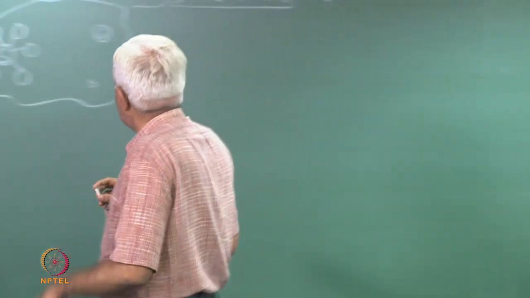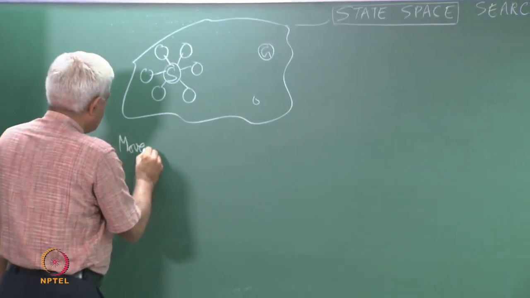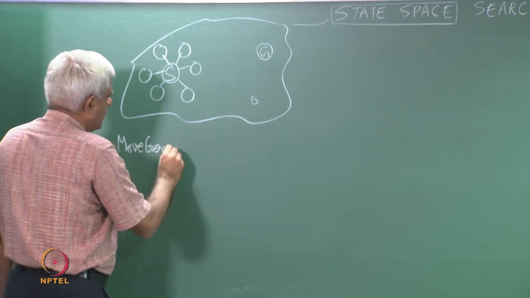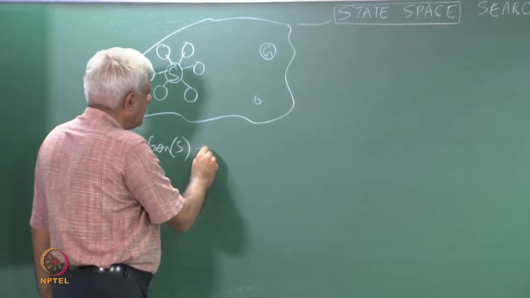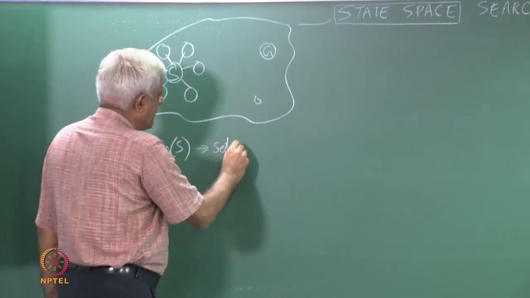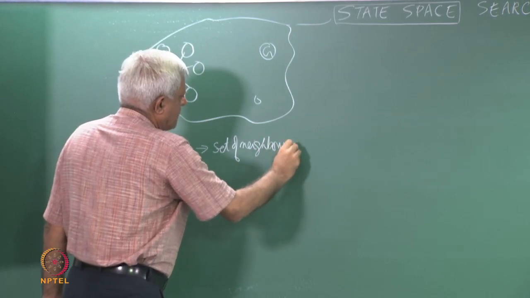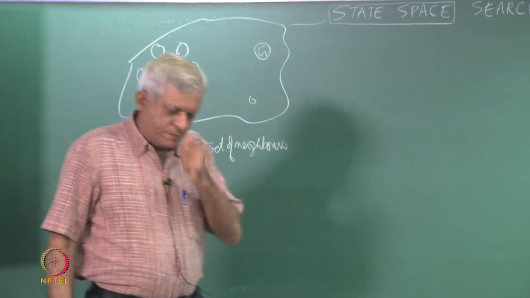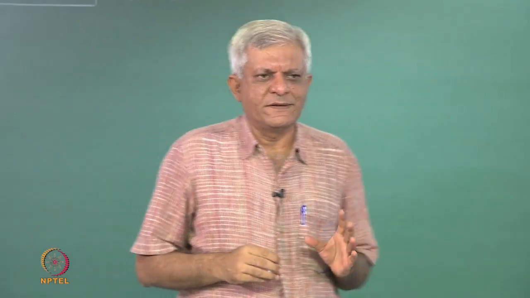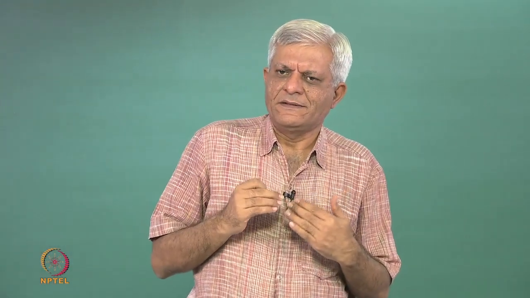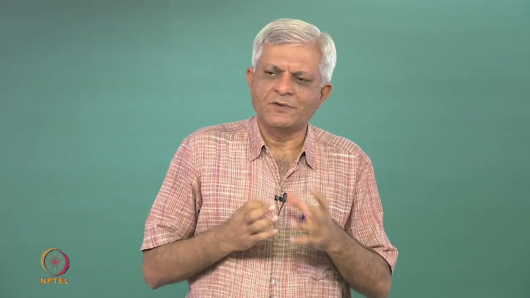So, we will assume that we have a function called MoveGen function, which will take a state as an input and return a set of neighbors. What we are trying to do is to separate the domain from the problem solving strategy.